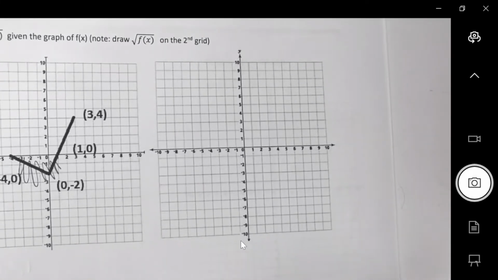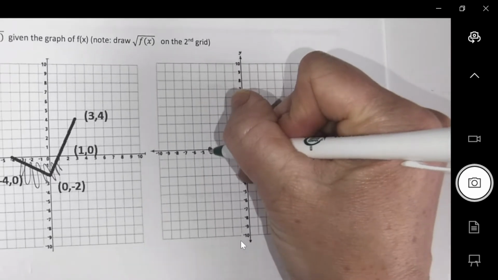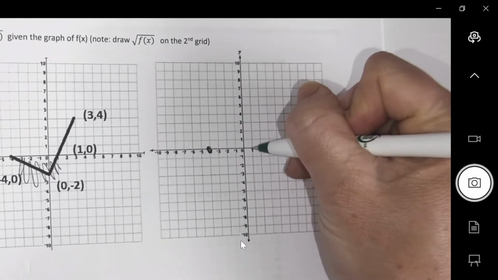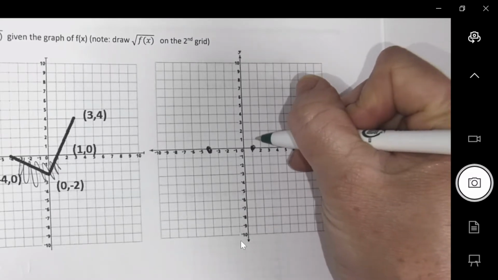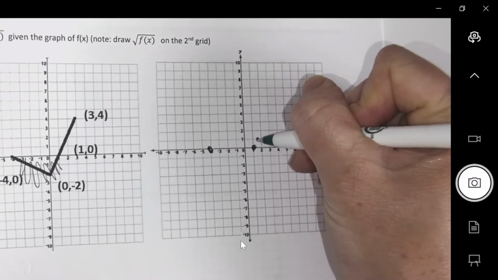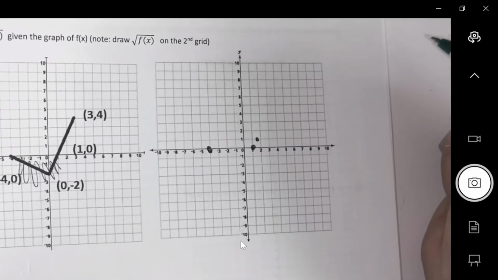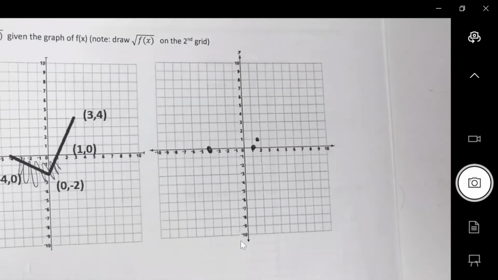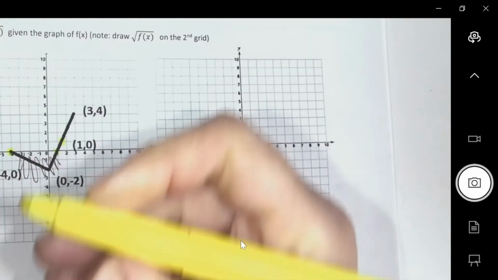There's actually 3 invariant points I can put on here. -2, 0, 2, 0, and 1, 1. These 3 points I can keep.